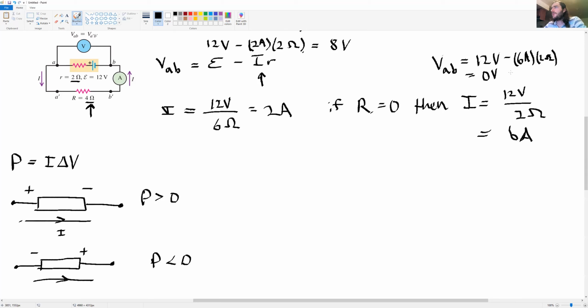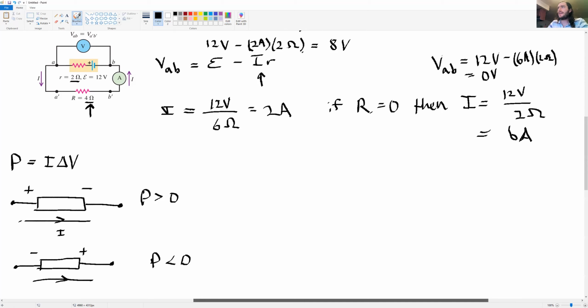The way you understand that is because there's no longer a resistor between the points A prime and B prime. So those 2 points are connected by a wire with zero resistance. So there's no potential difference between those points. So it makes sense that the voltmeter would read 0 if we short the battery.